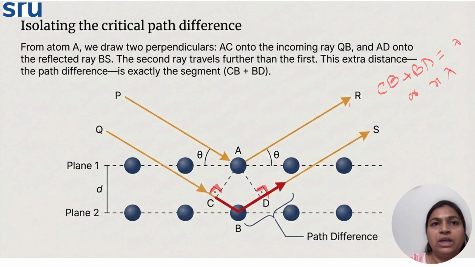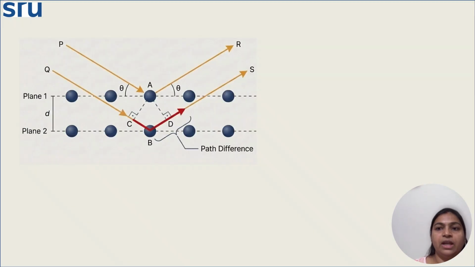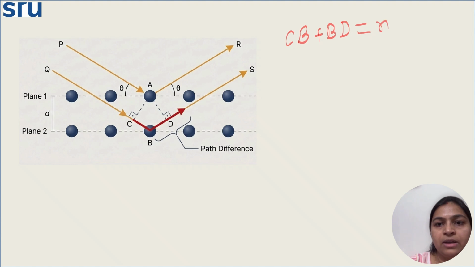So the condition of constructive interference we can write as CB plus BD equals n lambda. This is the condition of constructive interference.